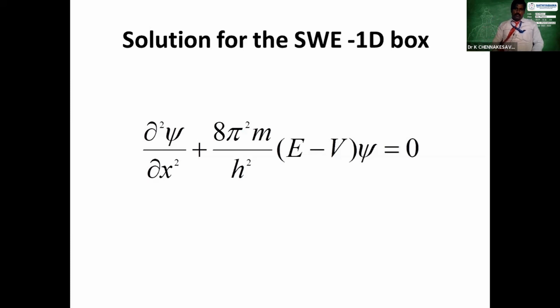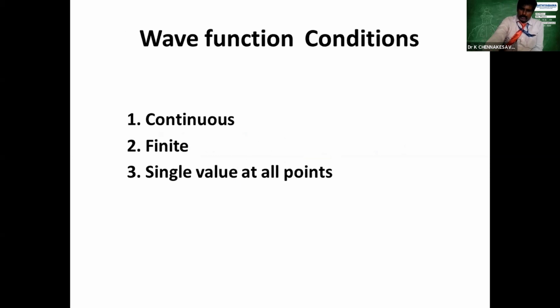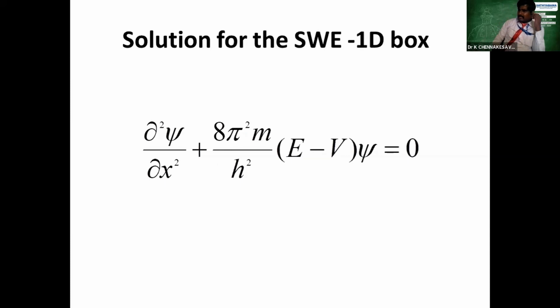We are not taking a z coordinate because it is one-dimensional. Before getting the solution for this Schrodinger wave equation in the form of zero-point energy and quantum numbers, we will see the solution for psi first.